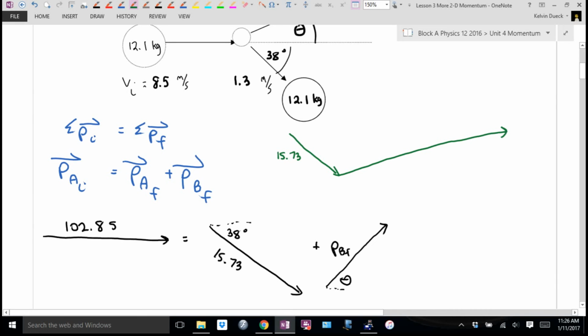I drew my triangle wonky like that because I'm thinking about the scale and I'm betting that's what it's going to look like. Because 102 is really long and 15.73 has got to be really short compared to it.